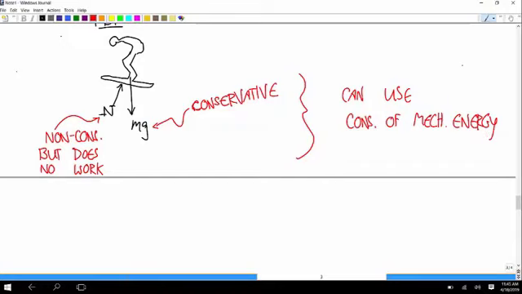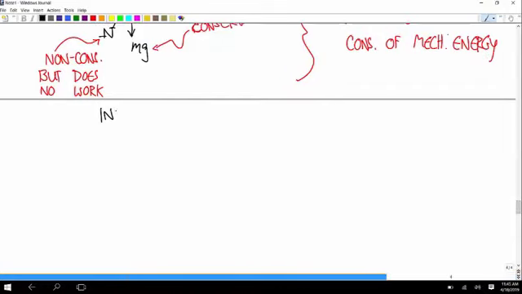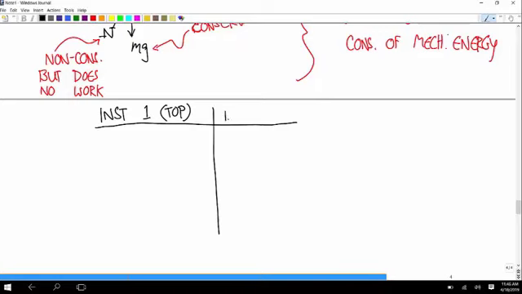So I'm just going to consider the top of the hill instant 1 and the bottom of the hill instant 2. And at each of these, we have to calculate the potential energy. If you have different sources of potential energy, you just add up all the individual sources. We have gravitational potential energy, that's equal to mgh.